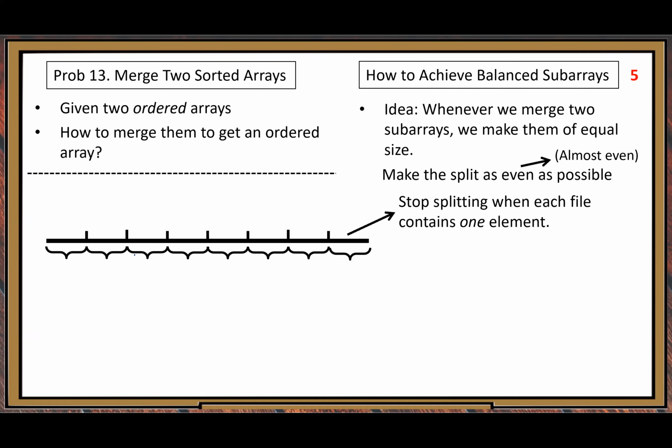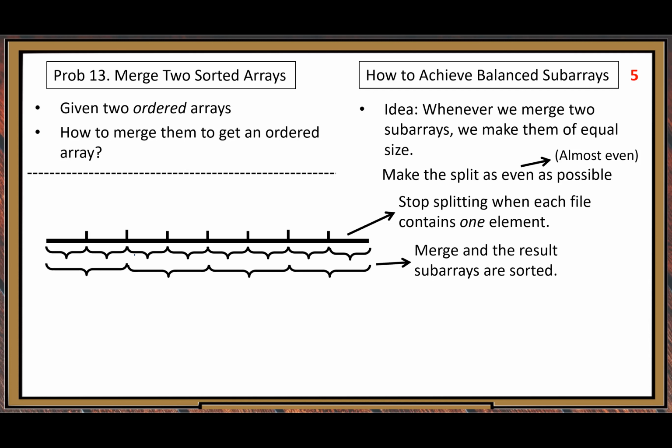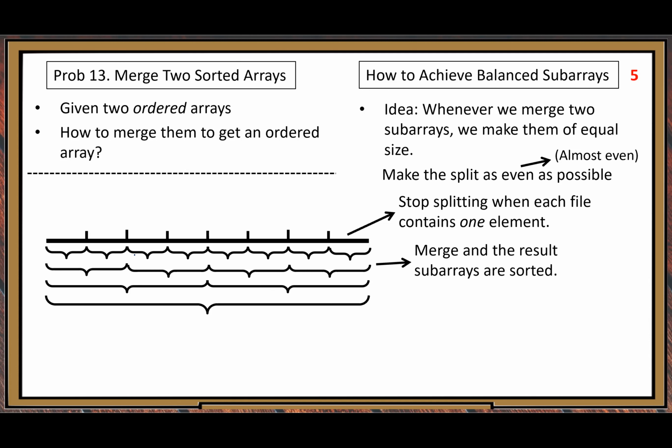First round merge like this. After that, second round merge, two adjacent larger subarrays. Every round, we merge two adjacent subarrays in this way, okay? Then another round, and finally, the last round, we merge two final subarrays, and we get one whole array sorted.